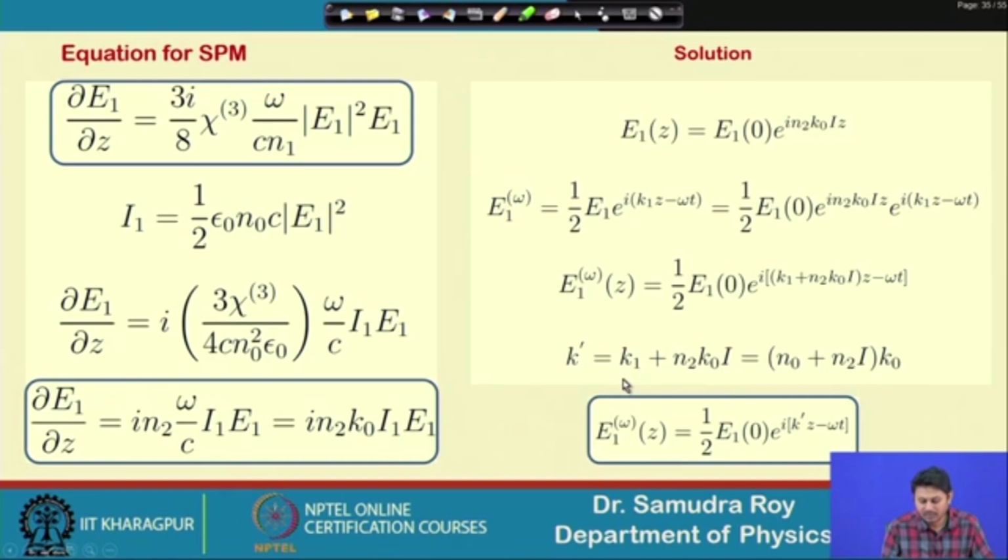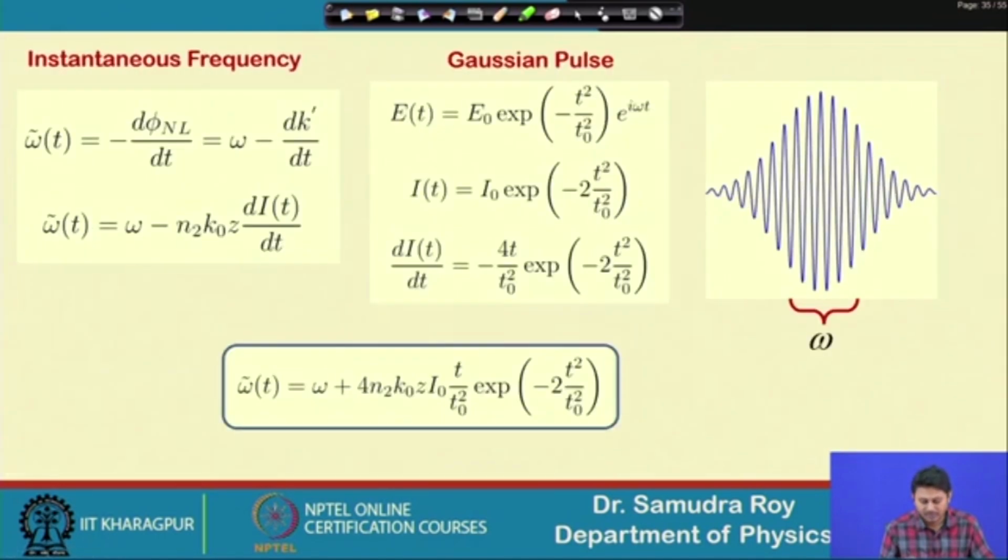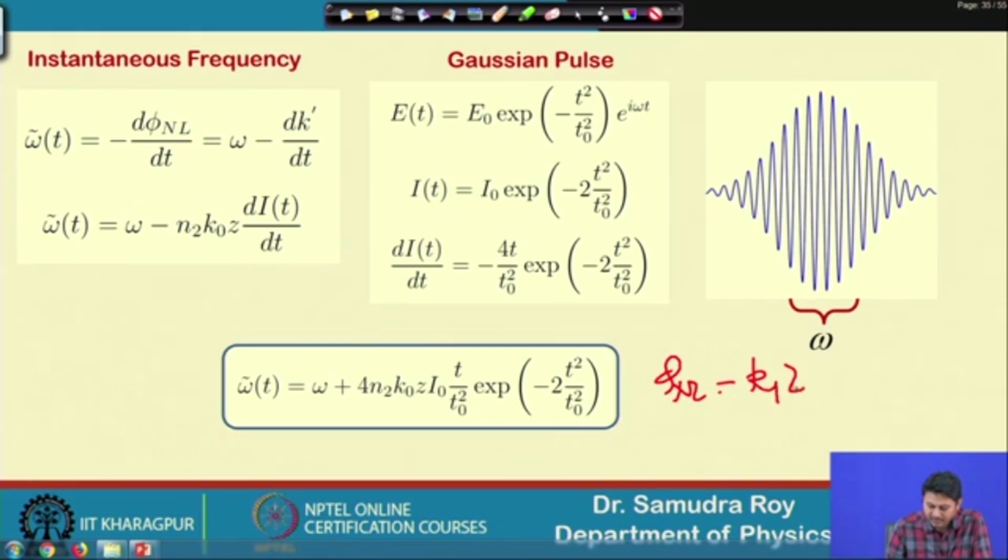So, k1 is the propagation constant corresponding to the refractive index n1. Now, because of this k prime, if I put this entire equation, phi nonlinear again is k prime z minus omega t.